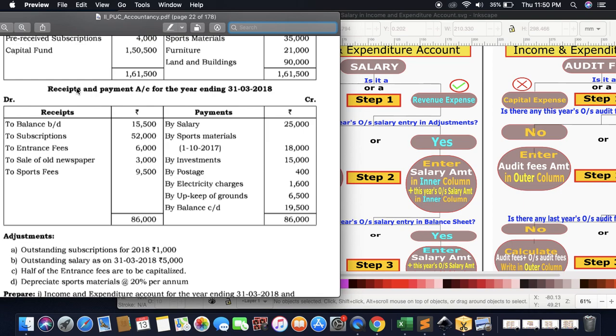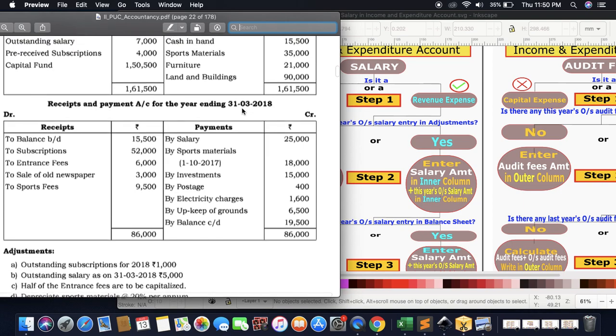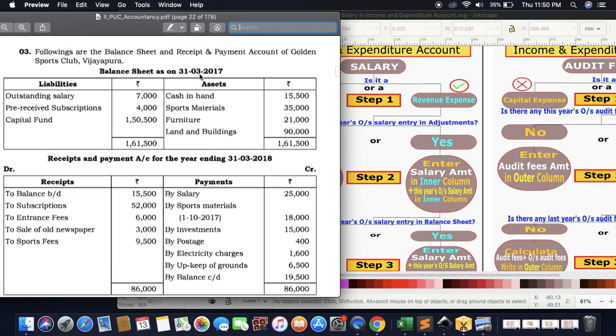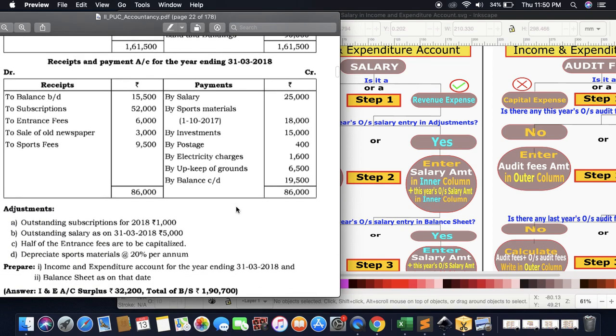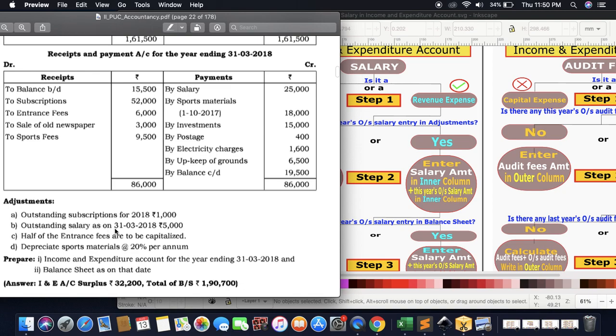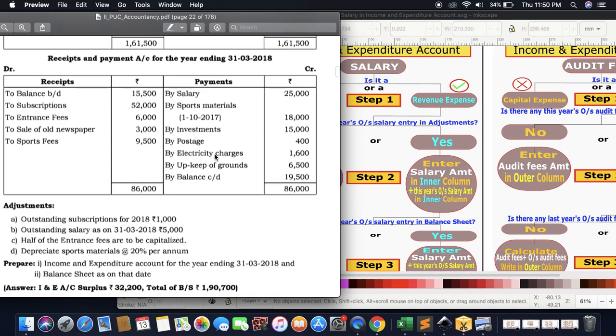This is for receipts and payments for the year 2018, and this is the balance sheet for the previous year, 2017. This is Golden Sports Club Vijayapura. Okay, and then you come down and see outstanding salary, which is 5,000. So you add this 25,000 plus 5,000, that is 30,000.